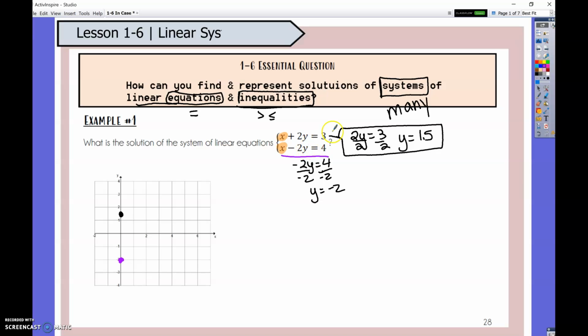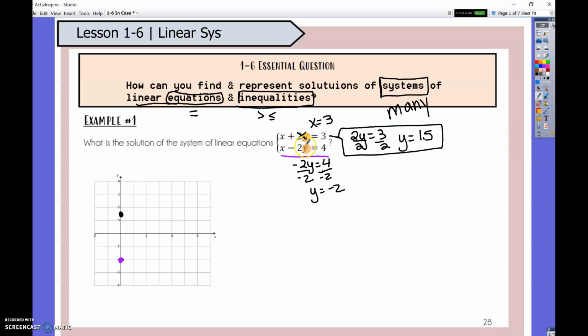If I make my y value be 0, so now we're going to leave the x values alone and pretend they're back here, and we're going to cover up our y values. So if I pretended my y value is 0 in both of these, 2 times 0 goes away. I would just have for my top equation, if this part was gone, just x equals 3.